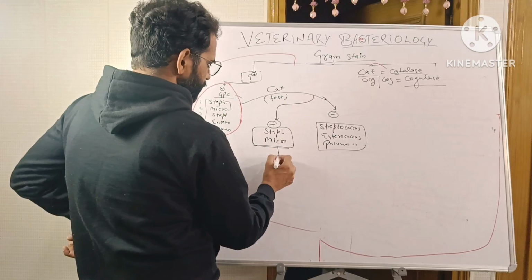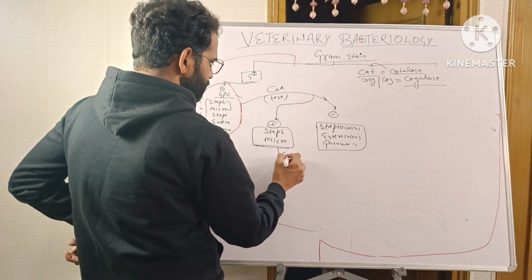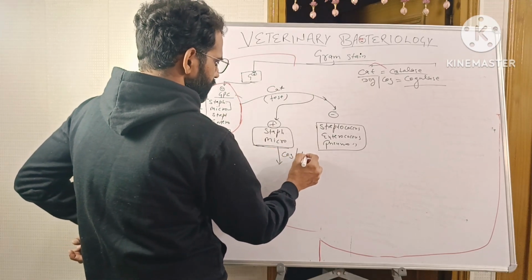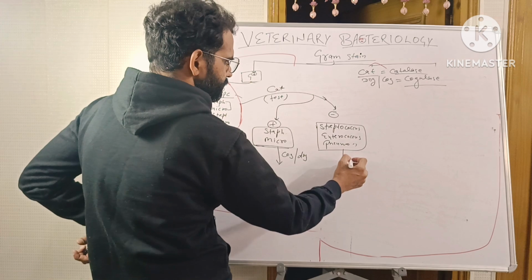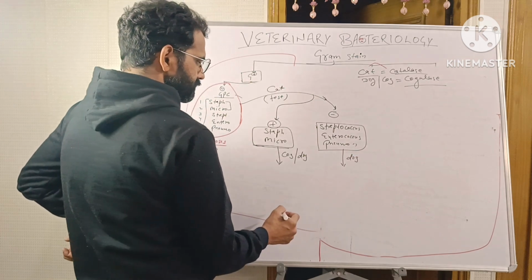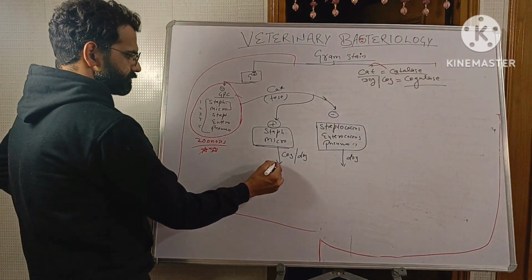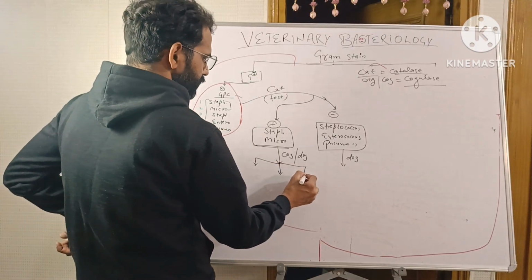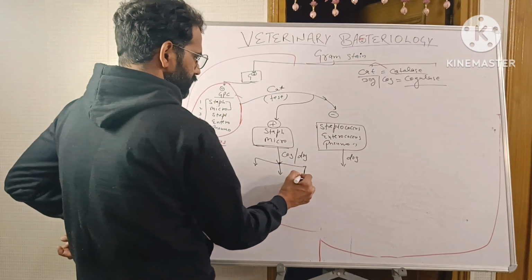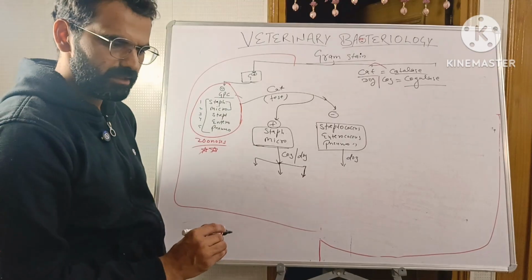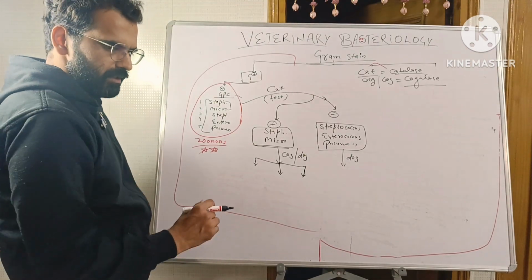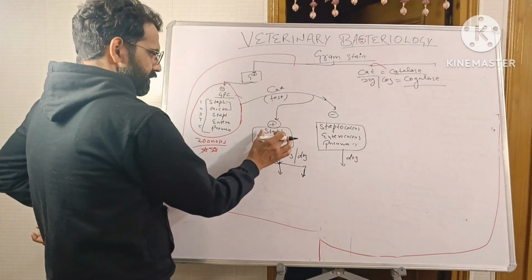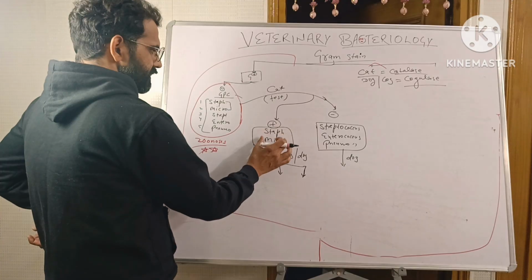Then we'll apply the dog test, the coagulase test. Out of these, some are coagulase positive and some are coagulase negative. Staph and micrococcus, we can differentiate these two.